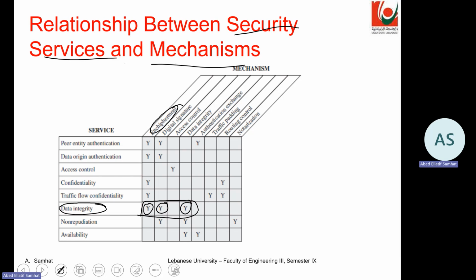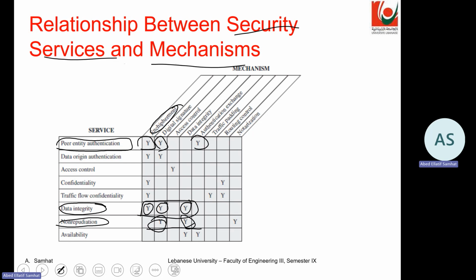For example, if you want to have authentication for a peer entity, you have enciphering, digital signature, and also authentication exchange mechanism. So you can use different mechanisms in order to achieve the security service. For example, if you want to have non-repudiation, the service that is used to prevent anyone from denying that he or she is involved in this communication, here we need digital signature in addition to a kind of data integrity mechanism.